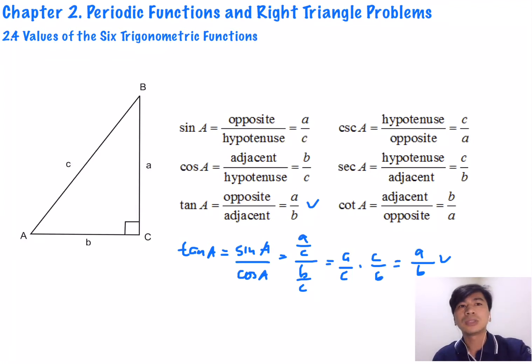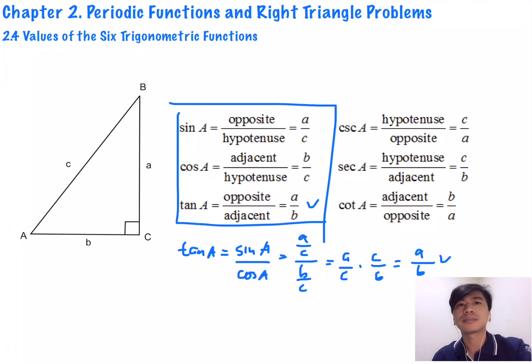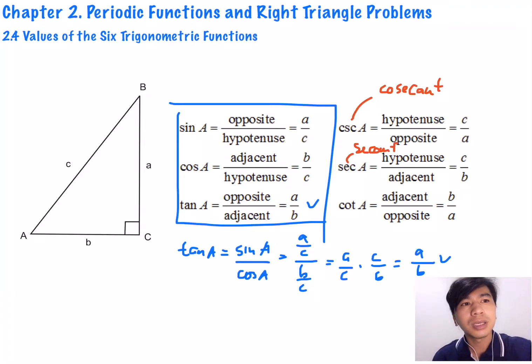Since these 3 we have learned, the other 3, which are cosecant A, secant A, and cotangent A, are new for us. Cosecant, this is how you spell it, and then this is secant, and then cotangent, this is how to put it.